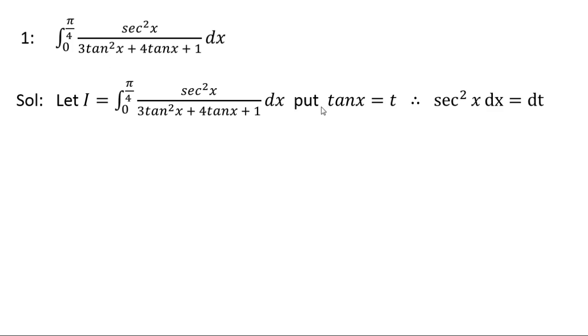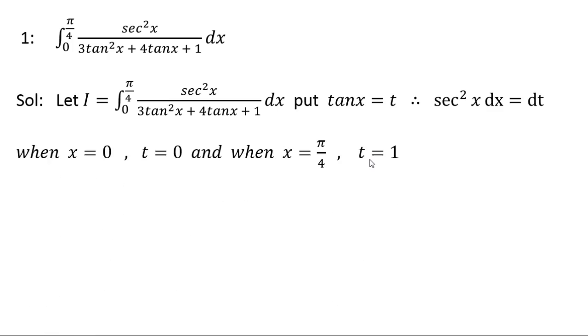When I put tan x is equal to t, I have to find the value of dx also in terms of dt. So for that, I differentiate both sides of this equation and write sec square x dx is equal to dt. So this sec square x dx will become dt, and in place of tan x, I will write t.